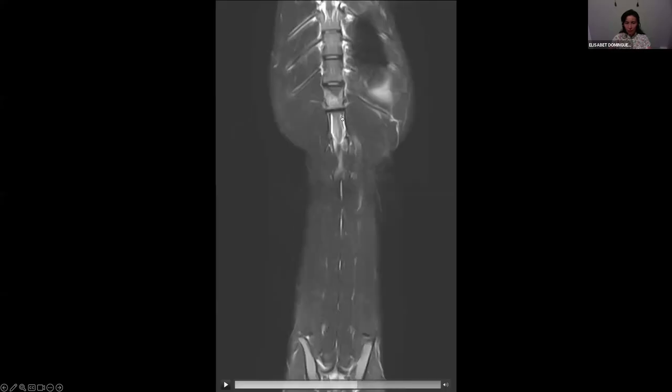Then if we move more cranially, we see that this vertebra, T13, is foreshortened, is shorter than the T12, and it also has an abnormal increased signal intensity. So this is the normal signal intensity on the vertebra, and this one is a little bit shorter and has this hyperintensity. But in the cranial aspect, it has this area that is a little bit hypointense. And then we have also the associated changes in the width of the intervertebral disc.